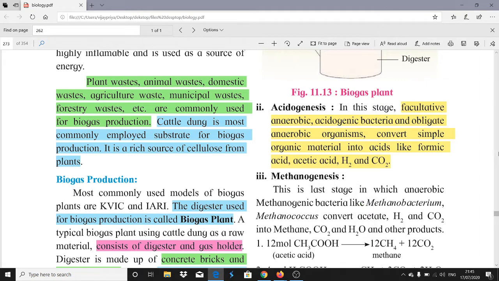Because of the presence of these bacteria, which are prokaryotic cells, the process called acidogenesis occurs, and everything gets converted into acids like formic acid and acetic acid, and hydrogen and carbon dioxide gases get formed.